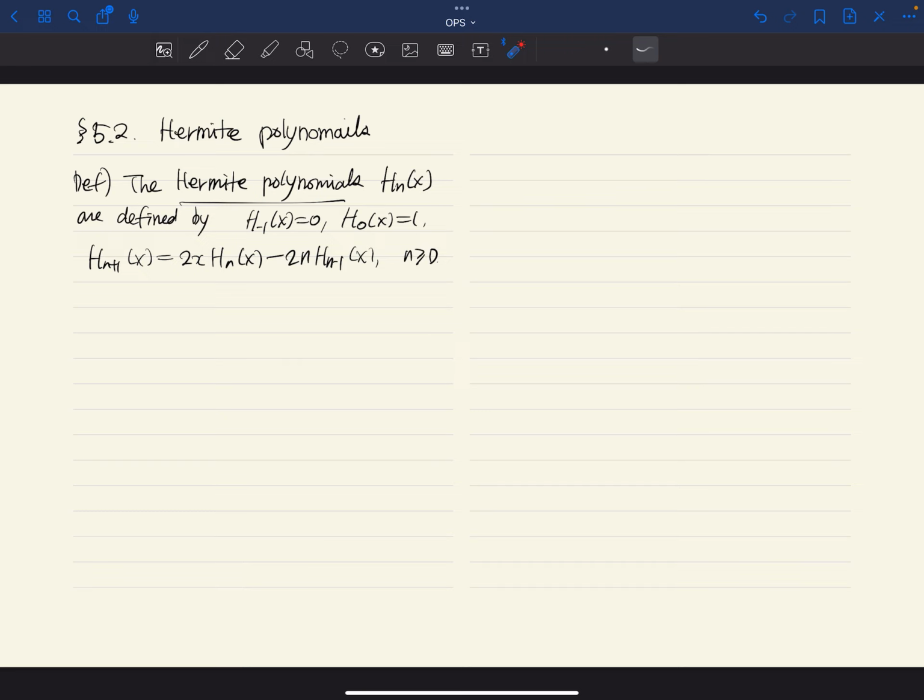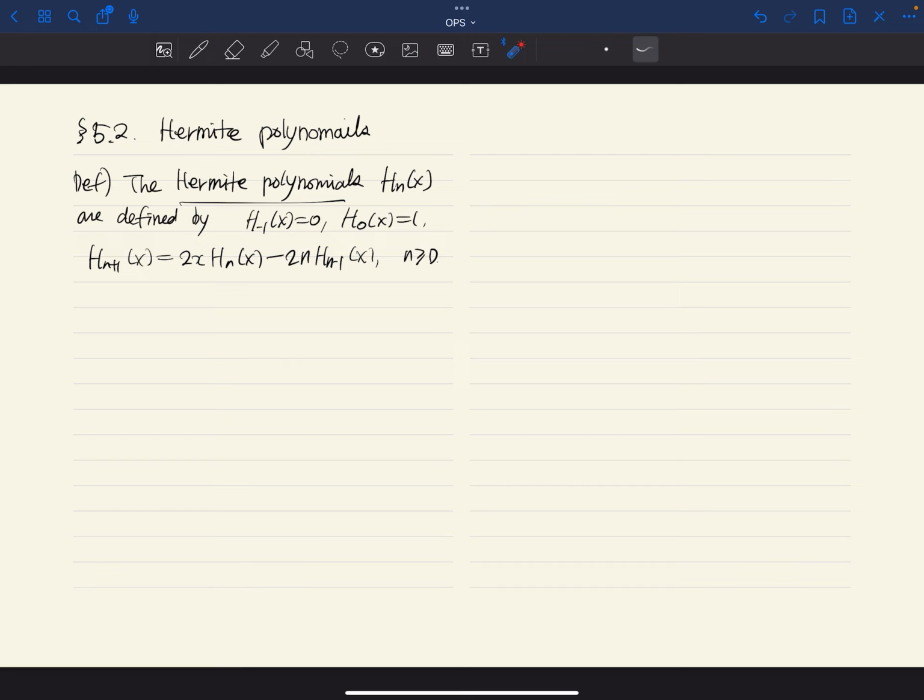I chose this definition because this is the first one appearing in Wikipedia. But I think probably more people use this, especially in physics. But we will see how to change them.